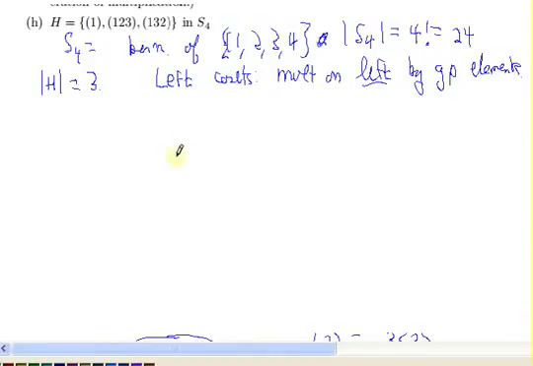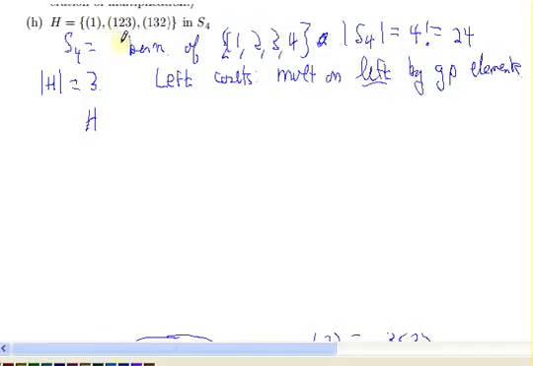So let's take H and multiply H by a group element on the left. Here we have 3 group elements. If I multiply H by one of these group elements within H, I just get H back again. That results from the property of closure of subgroups.